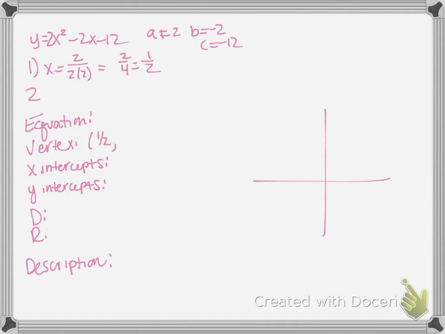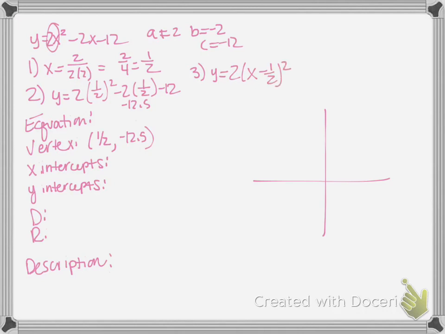We plug it in to find our y, and I get negative 12.5. Writing the equation then, step 3, I got y equals, I got a 2 in front, so 2, x, we flip our 1/2 and keep my next one normal. So that's my equation.